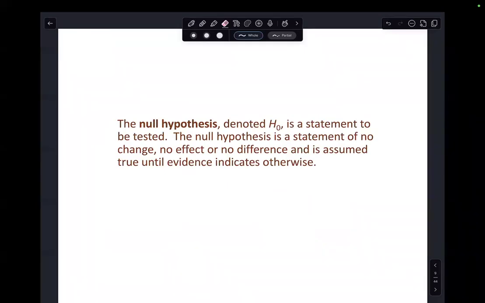If I had a study before that stated that cats sleep 18 hours a day, my null hypothesis is that cats sleep 18 hours a day, and we believe it is true until we can show otherwise. Whatever our previous studies show, that's our null hypothesis, and it's just H sub 0. Anytime you see anything sub 0, it means that's like an initial value, or our starting value or starting belief.